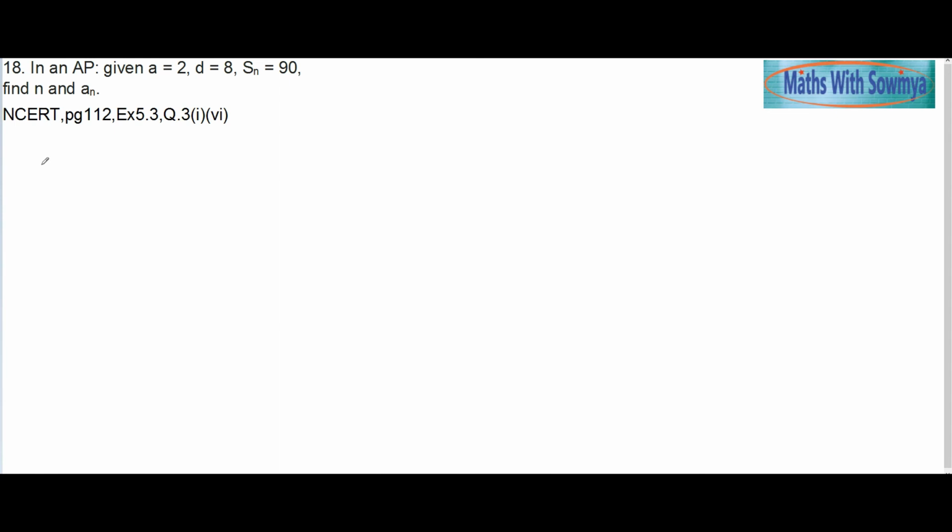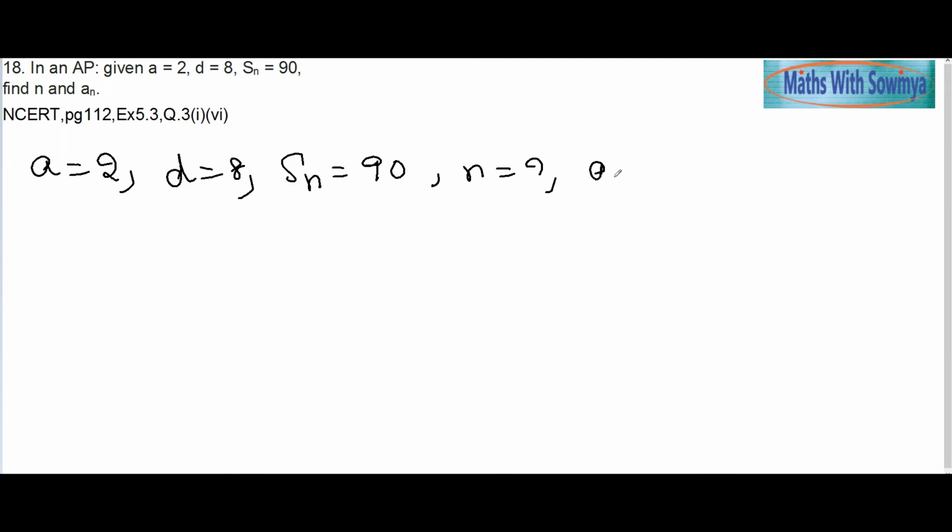In this sum, we are given A is equal to 2, D is equal to 8, Sn is equal to 90. We have been asked to find n and An, or even we can take Tn, which we have to find. We have been given the value for Sn, so let us take the formula of Sn.